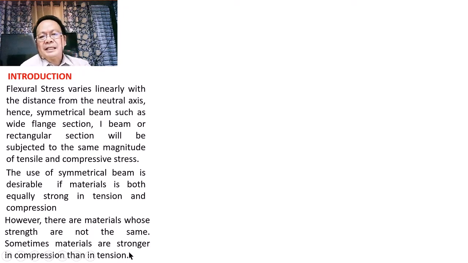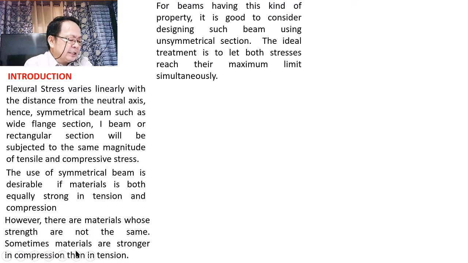May mga materials kasi na talagang magkaiba yung kanilang capacity to resist the tension and in compression. There are materials that are really stronger in compression than in tension. Now, for beams having this kind of property, then it is good to consider designing such beam using unsymmetrical sections. Maganda raw na i-consider na mag-design tayo ng ganyang beam na kung saan ang section natin ay unsymmetrical.